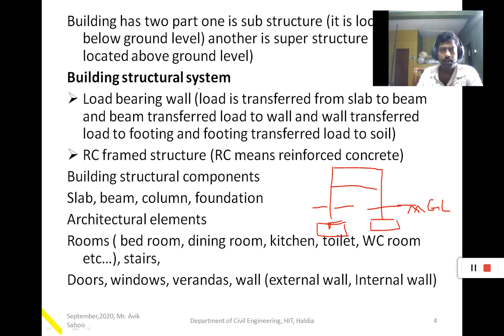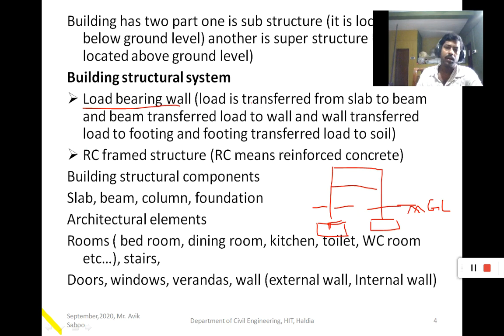Two different systems are used to construct a building. The first one is the load bearing wall type of structure, which is very old, and such structures are generally constructed in remote places, in village areas, whereas the RC frame structure is the modern structural system, and here beams and columns are used.